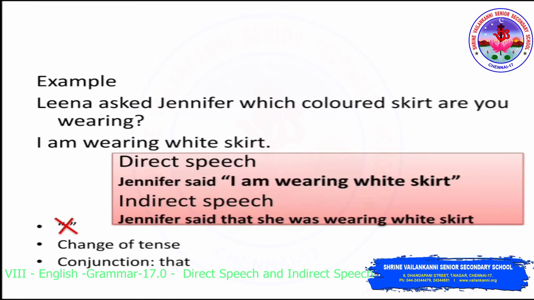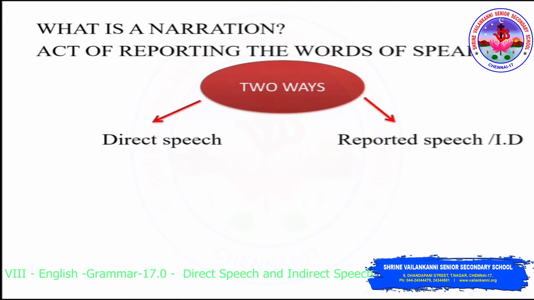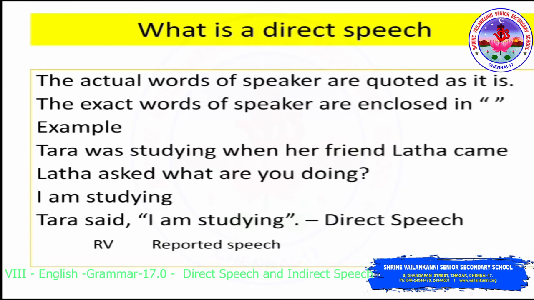Let us quickly revise what we have learned. Firstly, we discussed what exactly is a narration. It is an act of representing the words of a speaker. Then we discussed there are two ways of achieving it. First is direct speech and second is indirect speech. In direct speech, the actual words of the speaker are quoted as they are without any change.